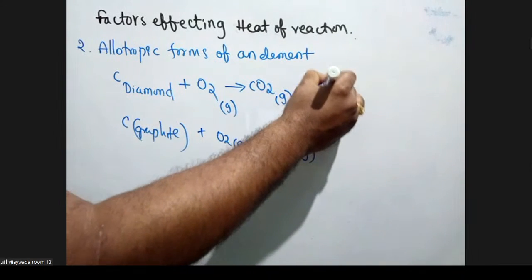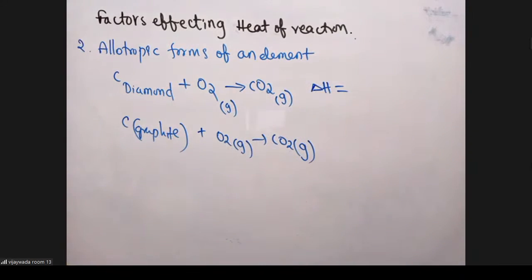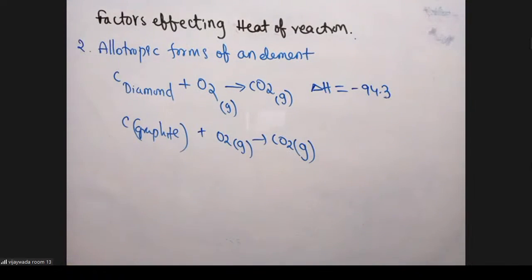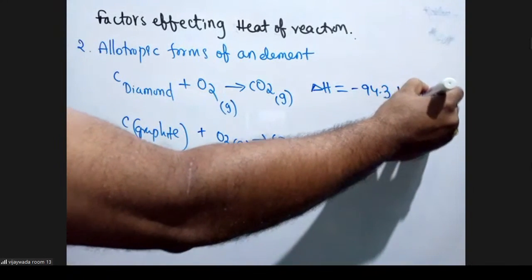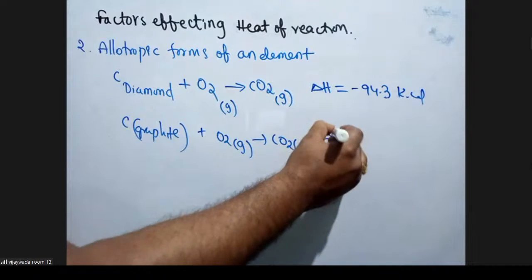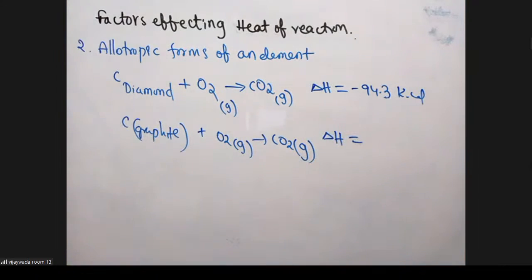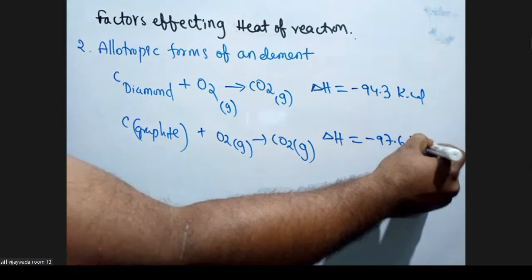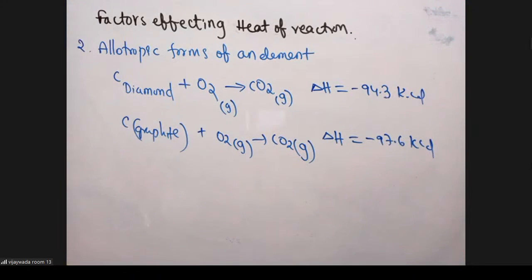Delta H in this reaction is minus 94.3 kilocalories. In this reaction, minus 97.6 kilocalories. Students, if you change the allotropic form of any element, the heat of reaction definitely also changes.